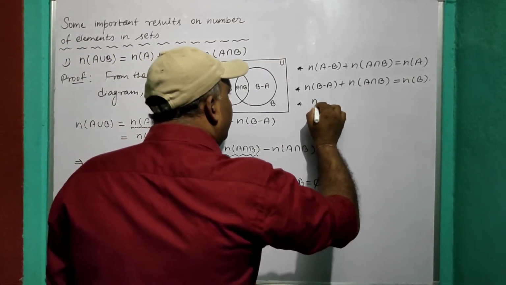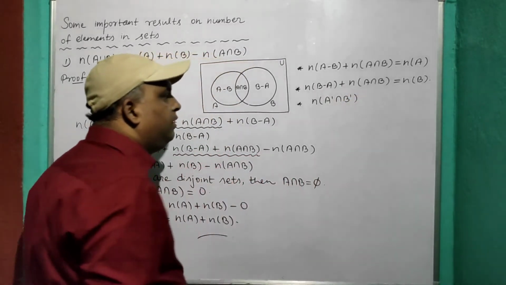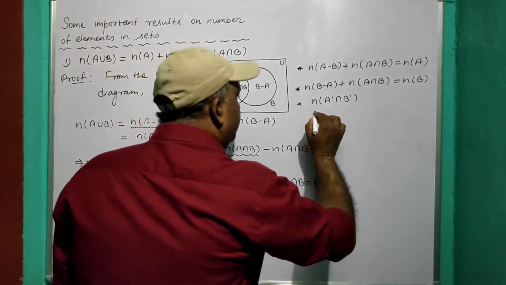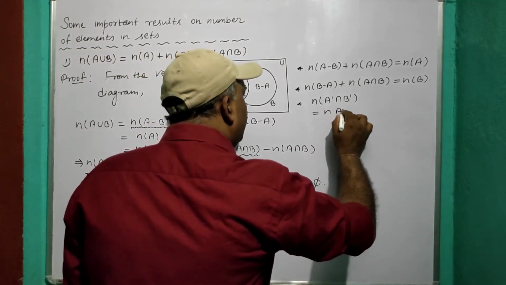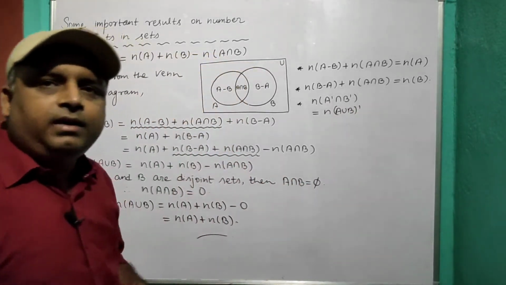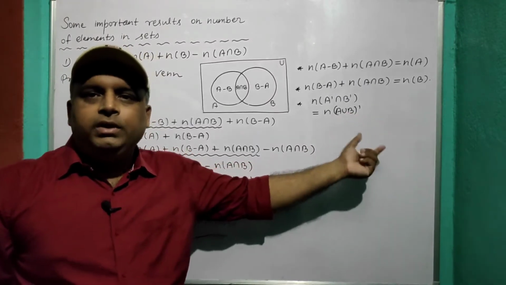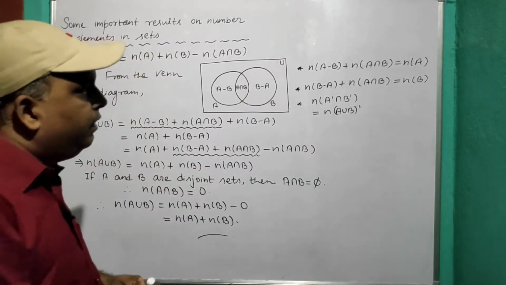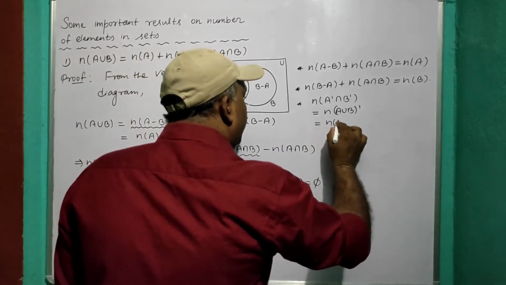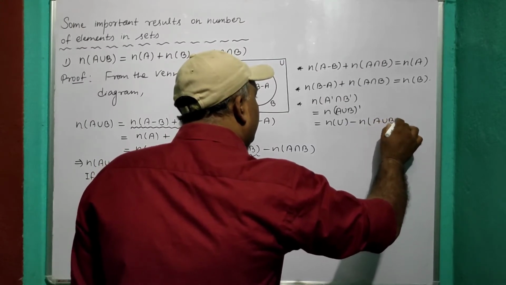You can see that n(A' intersection B') is nothing but n((A union B)'), because you know that A' intersection B' is (A union B)' using De Morgan's law, and this can be written as the number of elements of the universal set minus n(A union B).